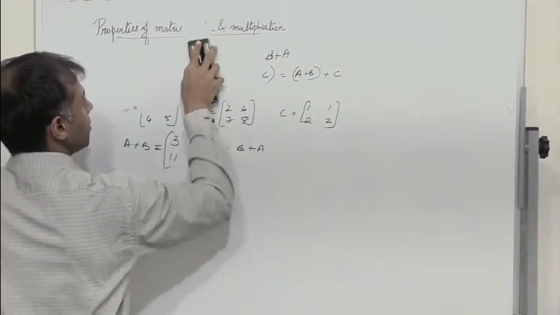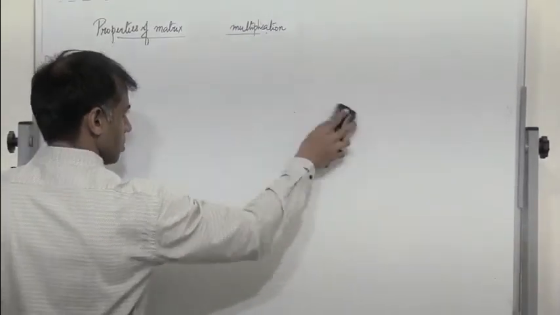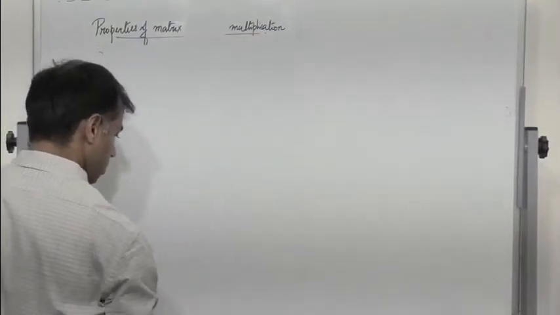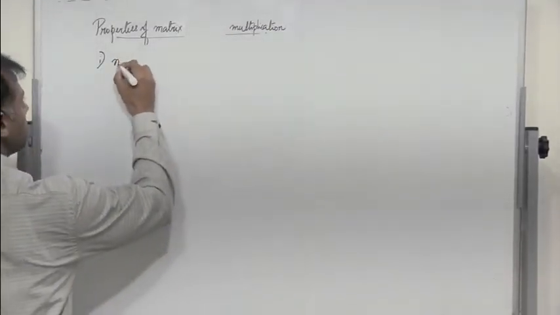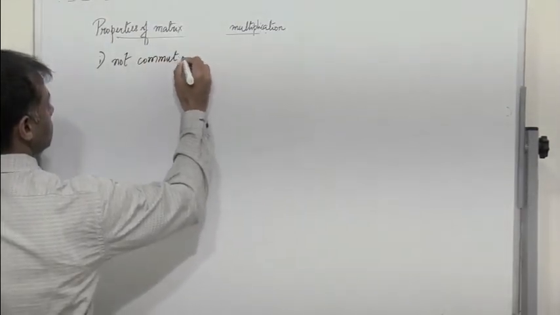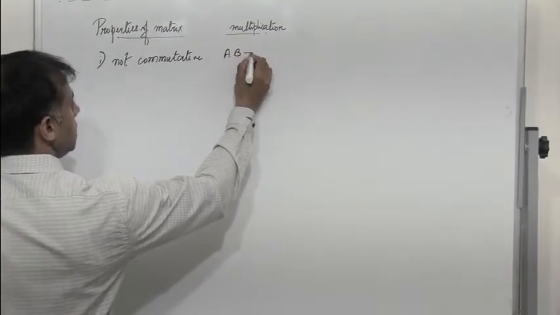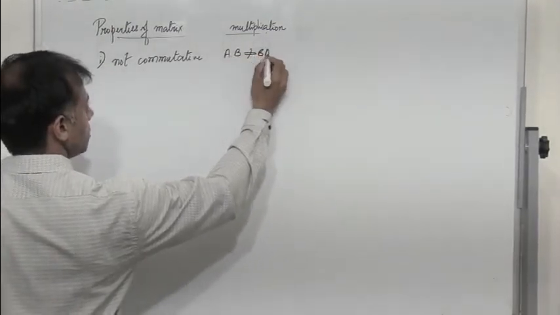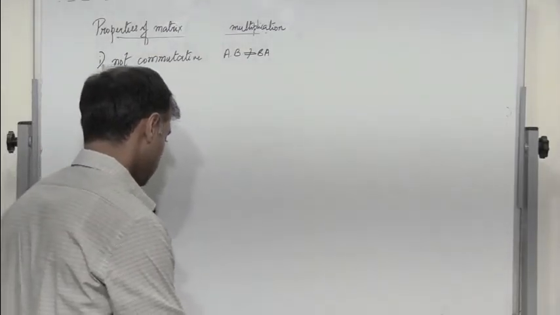The first property states that multiplication is not commutative. That is, A into B is not equal to B into A. So this is very important.